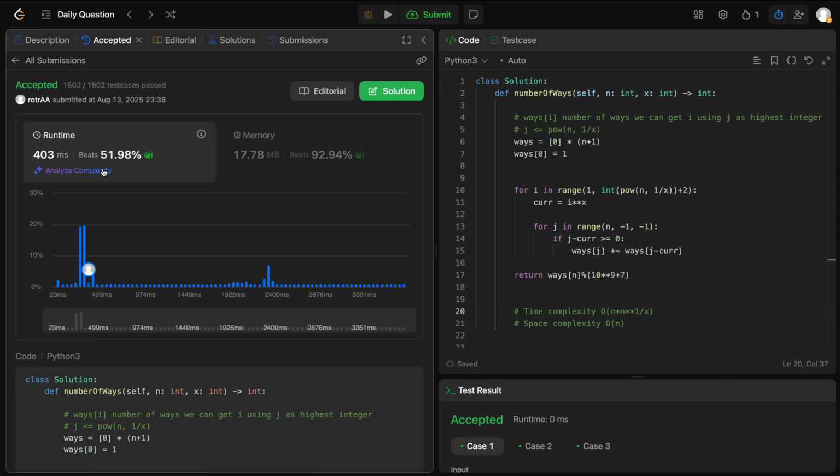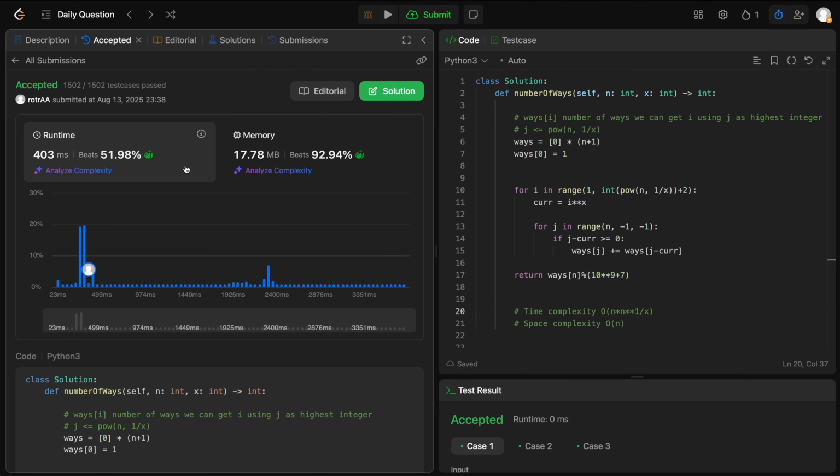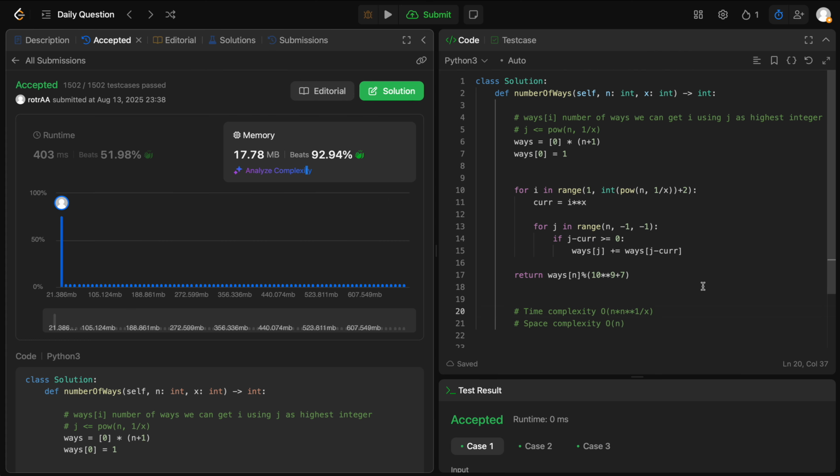I guess n squared, worst case. Yeah, correct. I mean, it cannot be n squared actually. Well, I mean, n squared is for sure an upper bound.